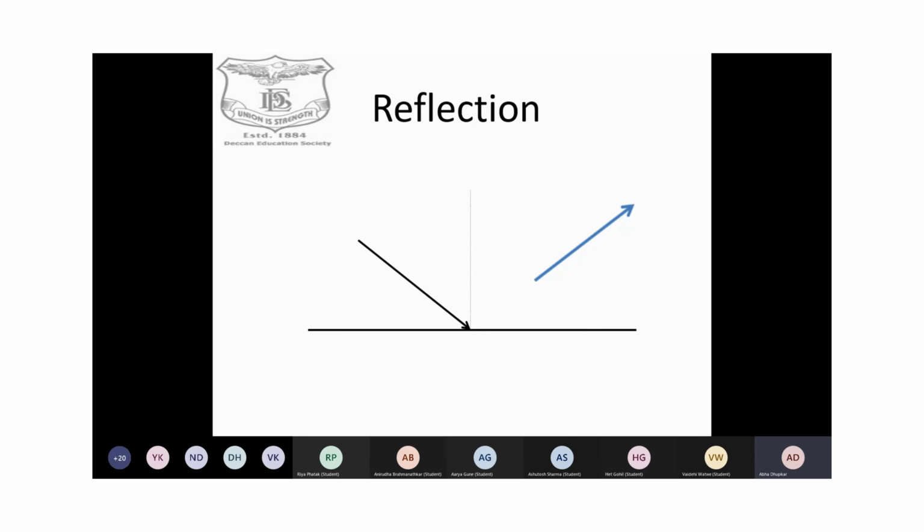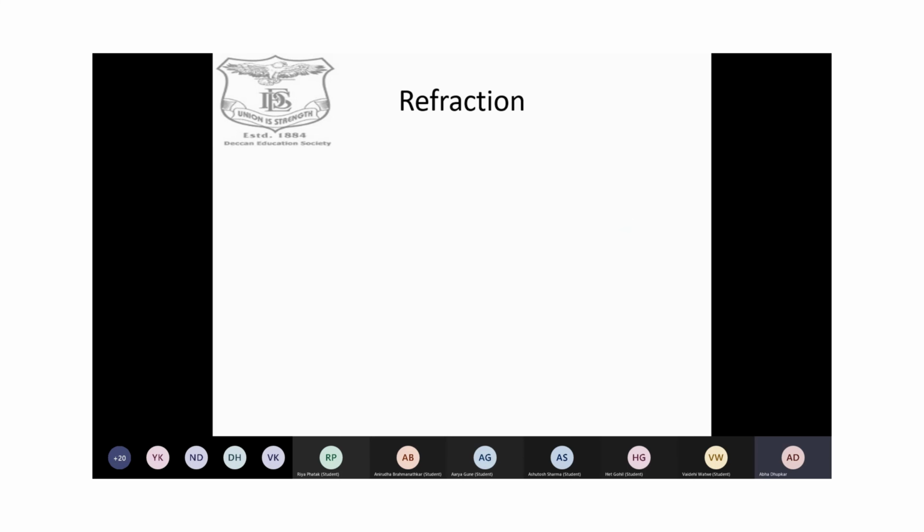So this is the law of reflection. We move on to the law of refraction. Again, you have a surface, you have a normal, and whenever you have an incident ray, depending on the density of the other material, this surface, this black line, is going to divide one medium from the other medium.